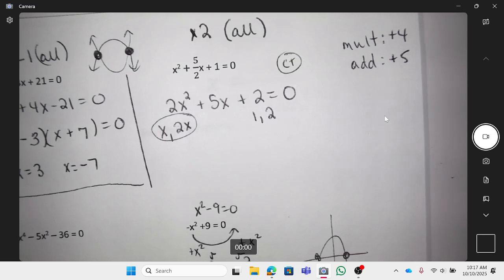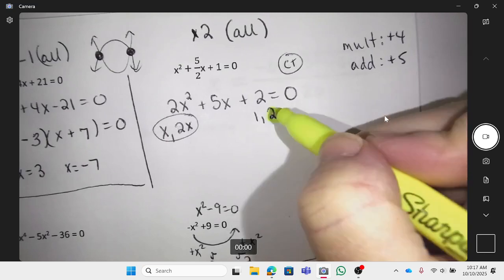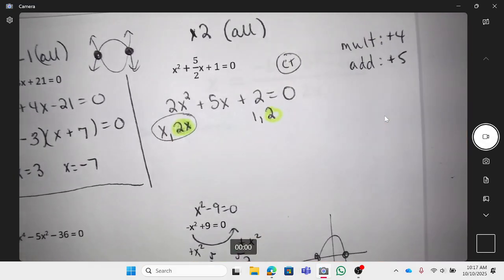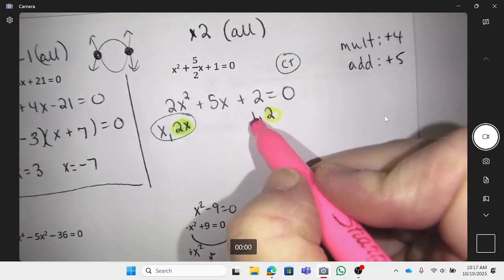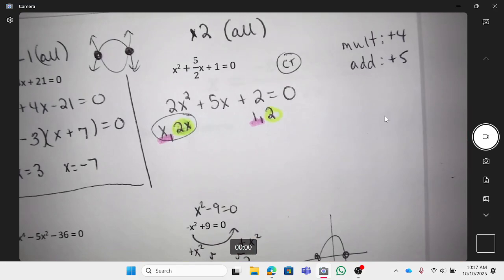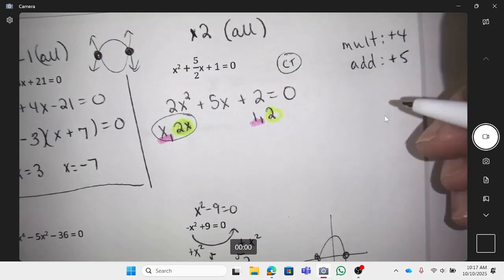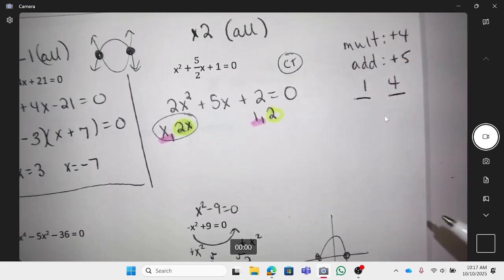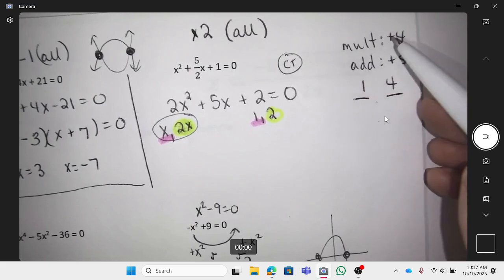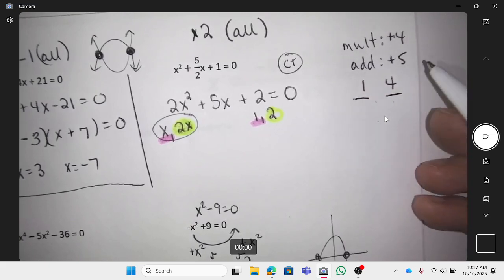I have to connect to make a 4x. So that's going to multiply to be a 4x and a 1x. Sorry, I guess we didn't pick our numbers here. Right? What multiplies to 4 and adds to 5, right?